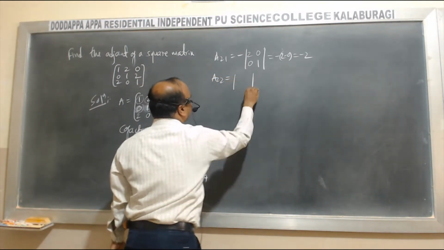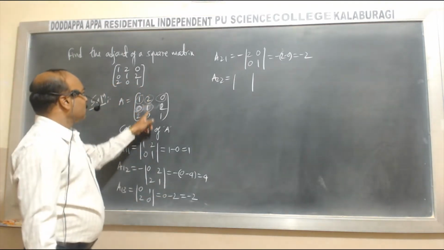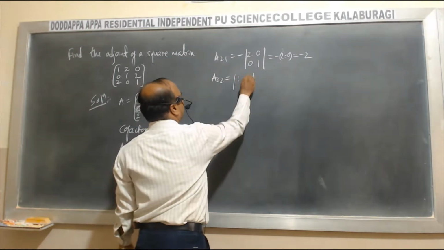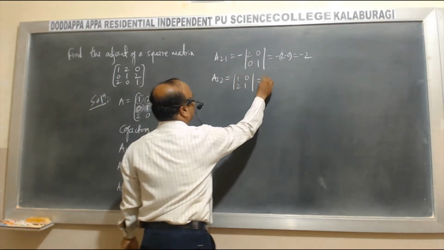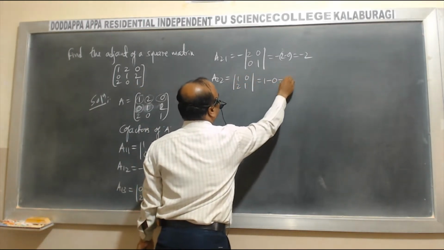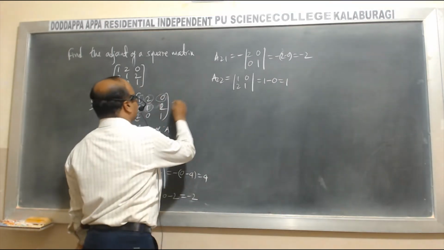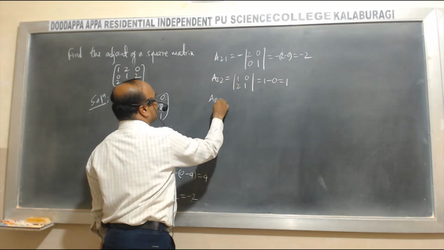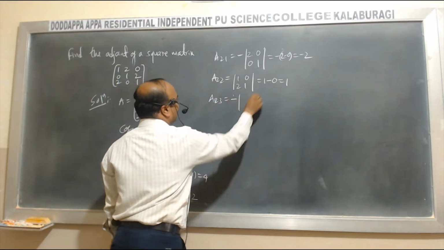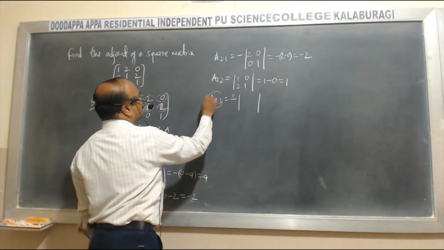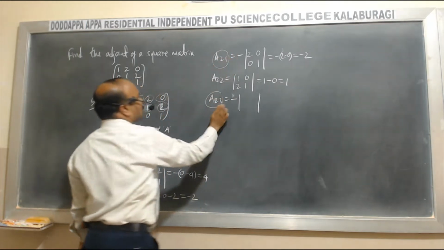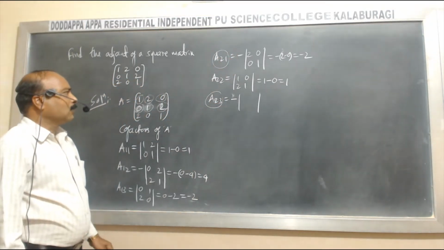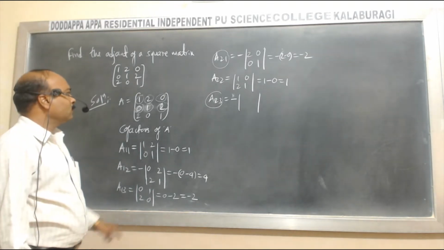Next we go for the cofactor of 1, that is A22. It is the determinant obtained by deleting its row and column. We get 1 0, 2 1, so this is 1 minus 0, which is 1. Next, the cofactor of 2, that is A23, equal to minus of the determinant, because 2 plus 3 is odd, so we get the negative sign, that is minus 1 power 2 plus 3, which is minus 1 power 5.